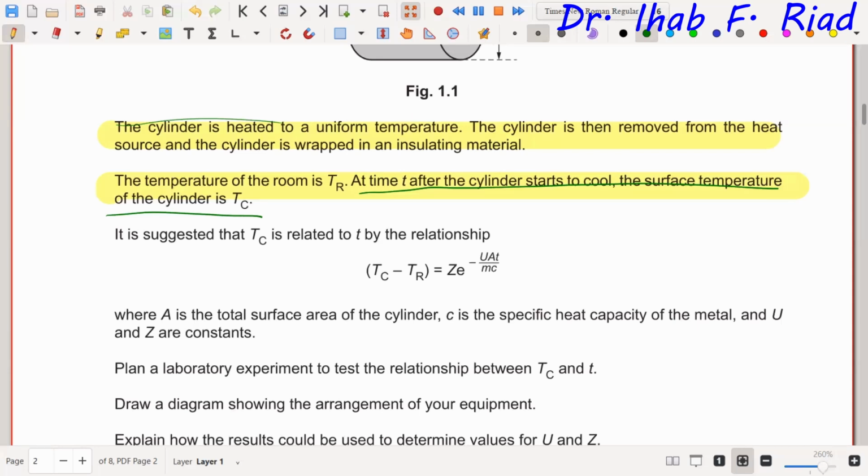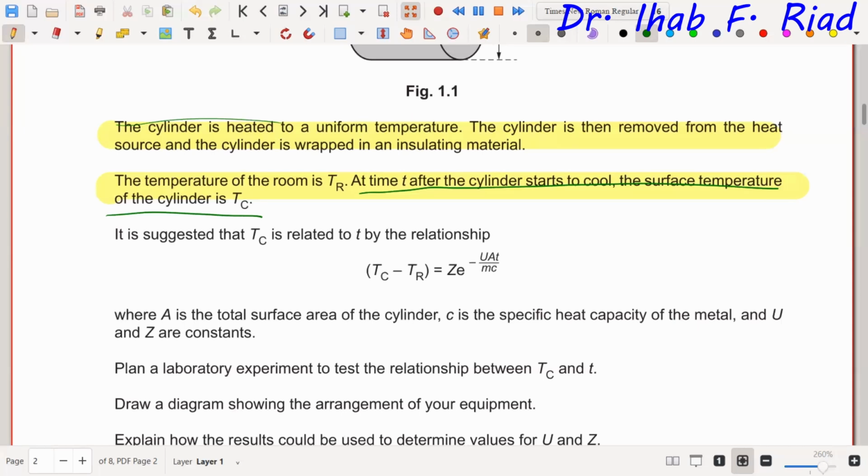So what we are going to do is we are going to use a thermometer. We fix it, tied to the cylinder, right? And use our stopwatch.